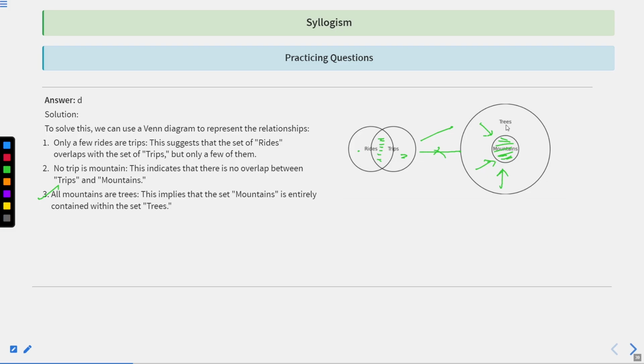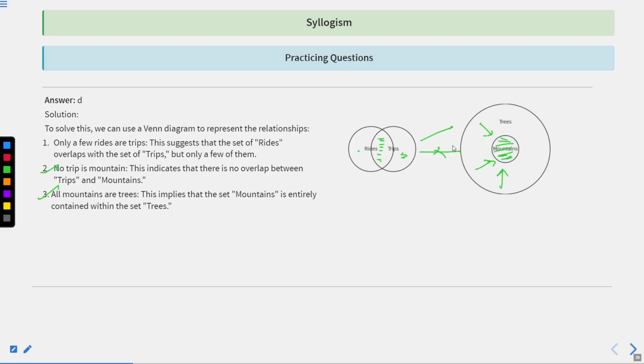So all those trees which are mountains, I'm repeating it again because sometimes it might get confusing, as the words are assumed and the logical explanation is not there. But taking that into consideration, there is no link between mountains and trips, because it has been mentioned: no trip is a mountain.